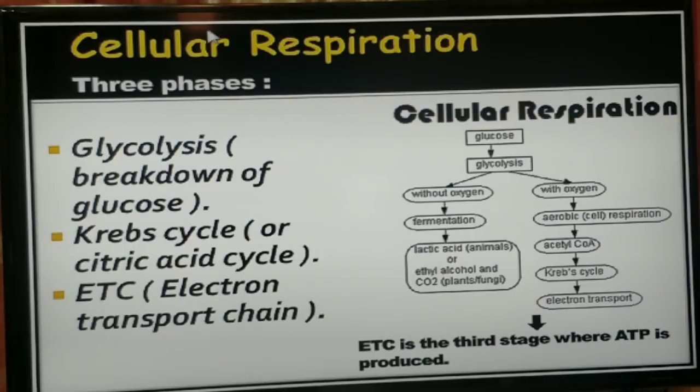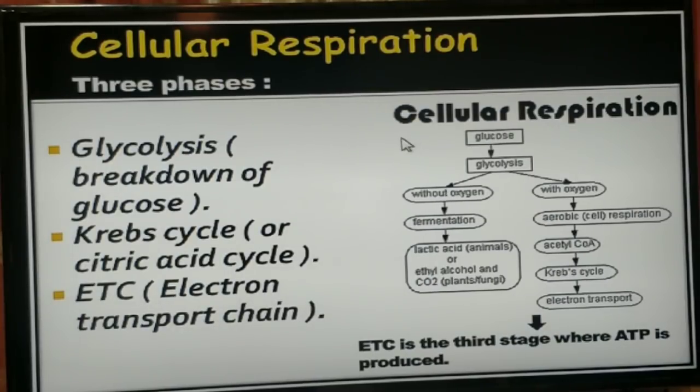So we have seen that cellular respiration is completed in 3 phases: glycolysis, where breakdown of glucose occurs, Krebs cycle, which is also known as citric acid cycle, and ETC, which is called the electron transport chain.